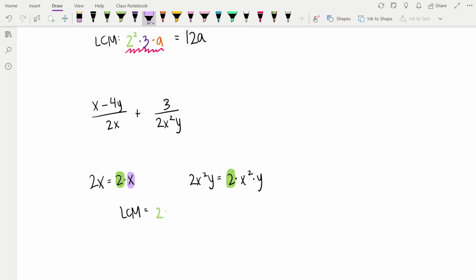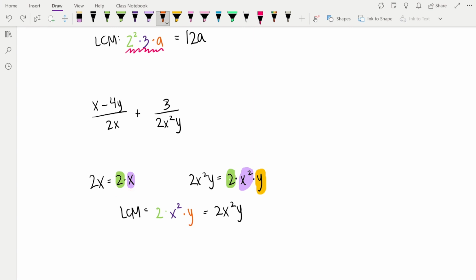Here I have an x, but here I have an x squared. So I guess I need the most amount of x's, that's x squared. And here I have a y, so I'll also need a y, which means my least common multiple is 2x squared y. But what do I need to do to achieve the common denominator for each fraction? So I look at this, and I look at this, and I can see that the y is the only thing that's missing.